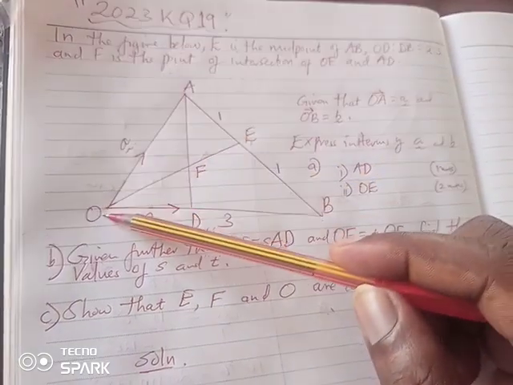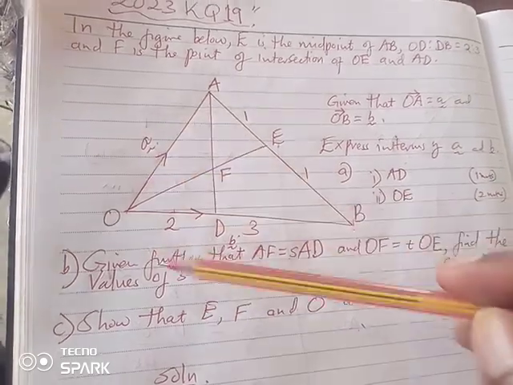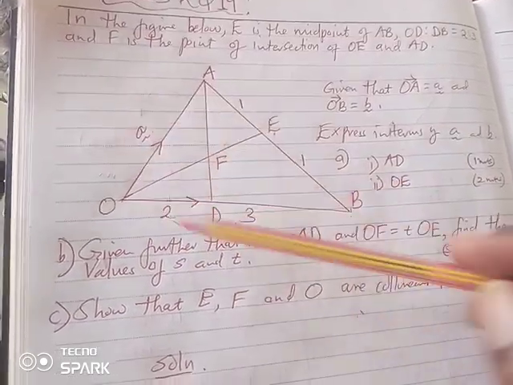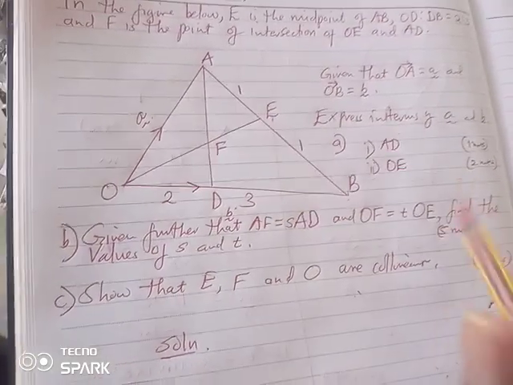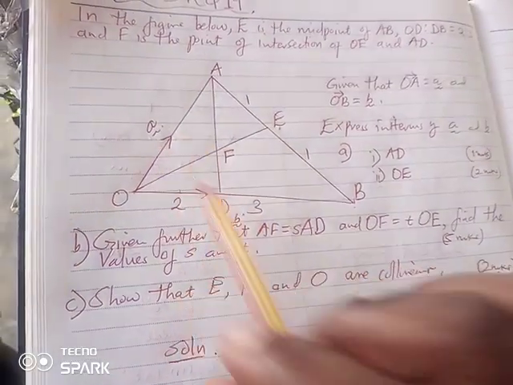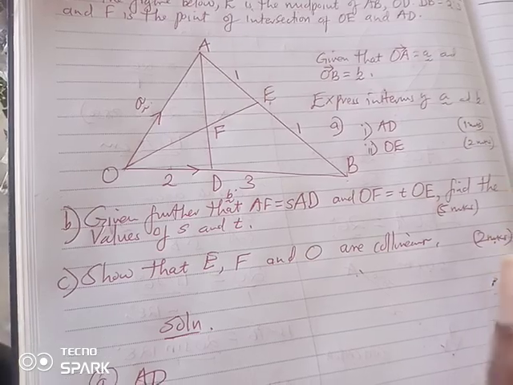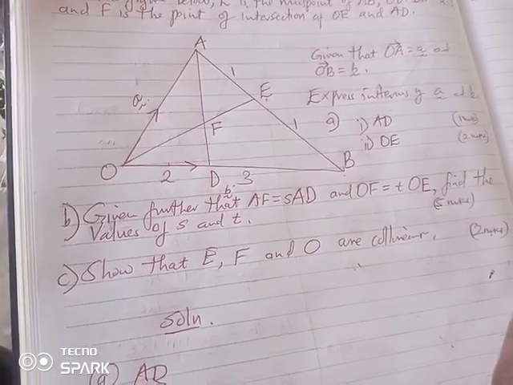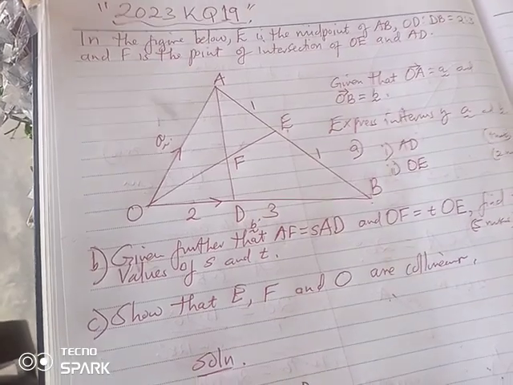I'll come all the way to O, then O to D, because that is where I'm going to pass through the given vectors. We all know that when we go against the arrow, the sign changes. In vectors, we deal only with 2 main things: sign and magnitude. So it becomes A to O, then O to D.